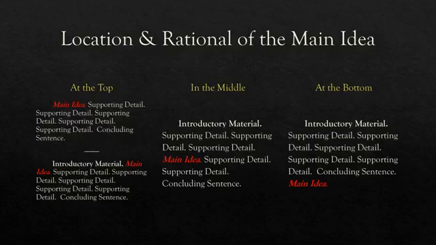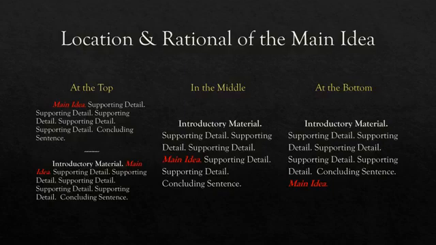This is more difficult for students or readers to find. It takes more energy to find, and for technical or academic writing, the middle is not the best place because it doesn't provide a clear way for readers to understand.